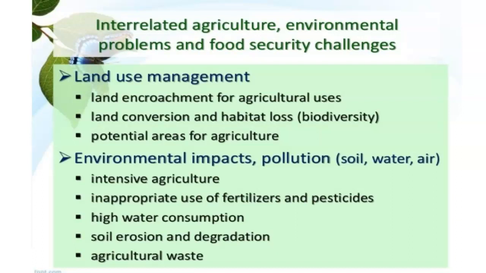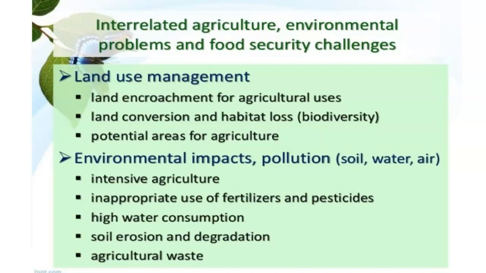Also, when we're looking at urbanization, transitioning that land into urban areas can be a threat to agricultural land that might be well suited to grow food that would support a civilization.